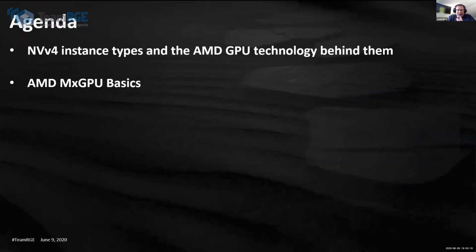It's going to be somewhat high level. I'll quickly go through the instance types, which Thomas and others have already shown, but primarily I want to give a peek at the SRV-based technology that we use with our GPUs for this partitioning.